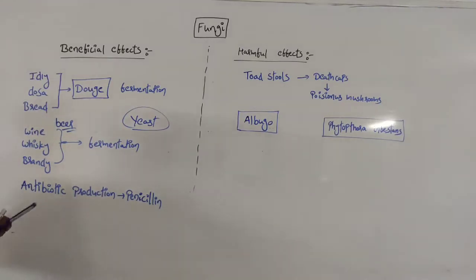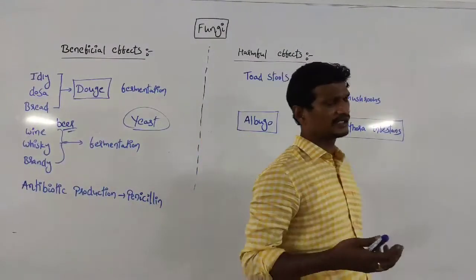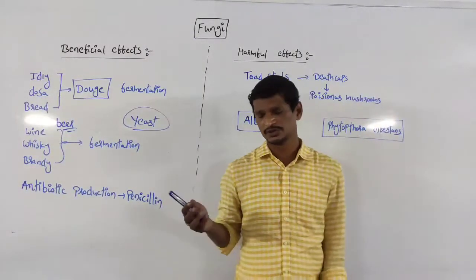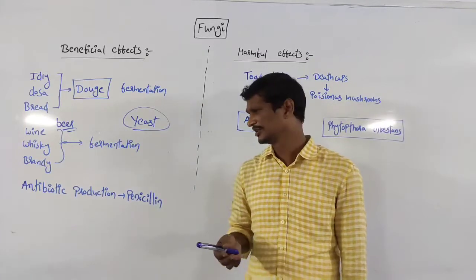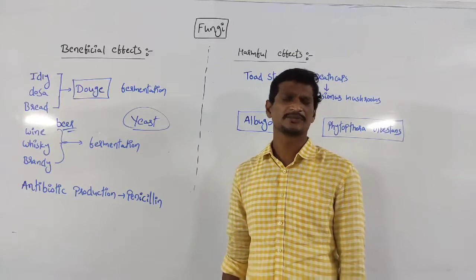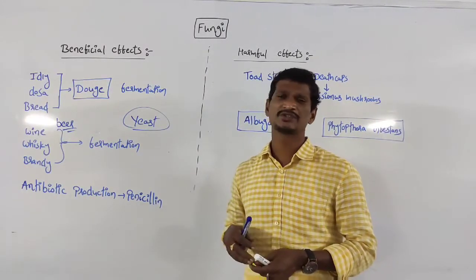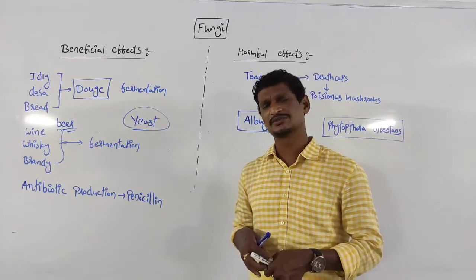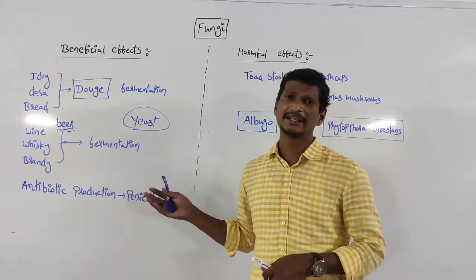And antibiotic production. We know one of the best antibiotics for bacteria in the world is penicillin, right? Penicillium notatum and Penicillium chrysogenum are the organisms which produce the penicillin antibiotic.